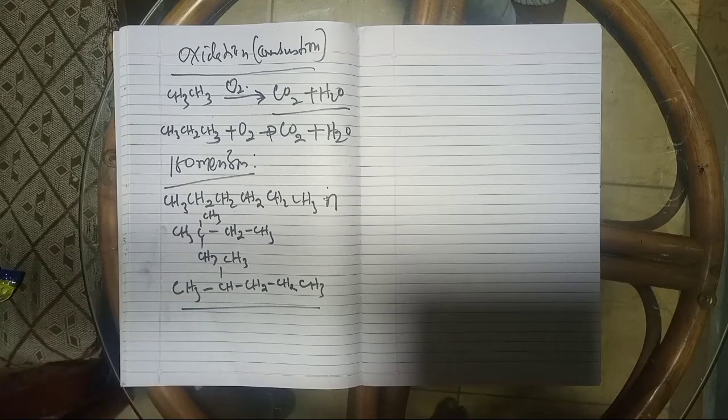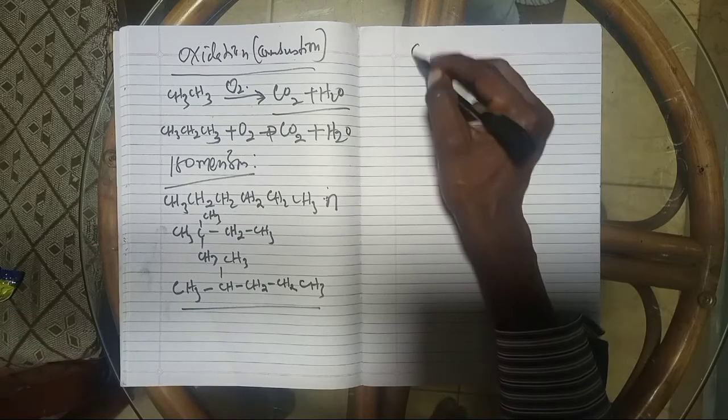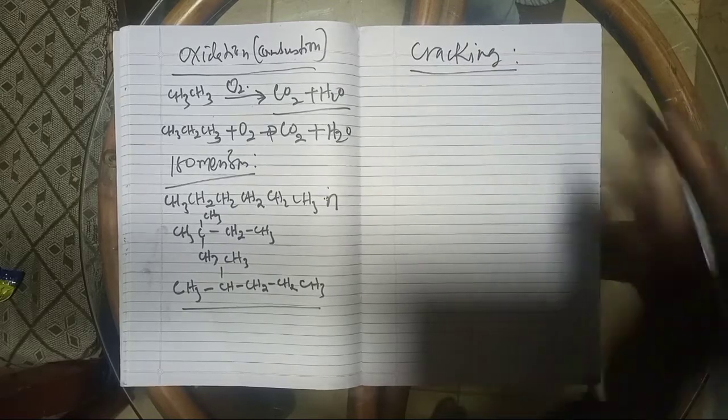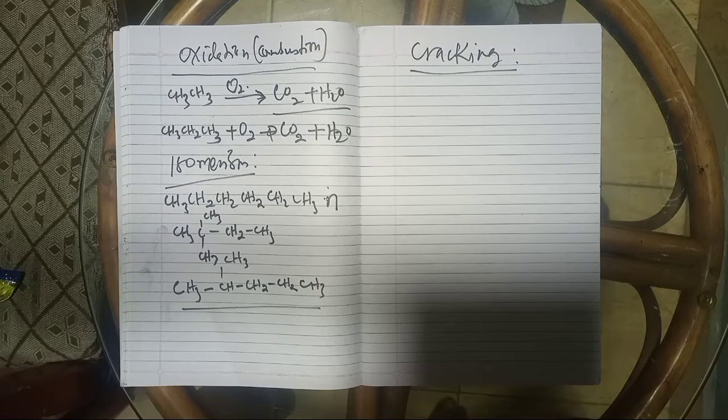Lakini tumesema oxidation. Lakini kingine we have cracking. Cracking is all about breaking down of the large organic compound to form smaller organic compounds.